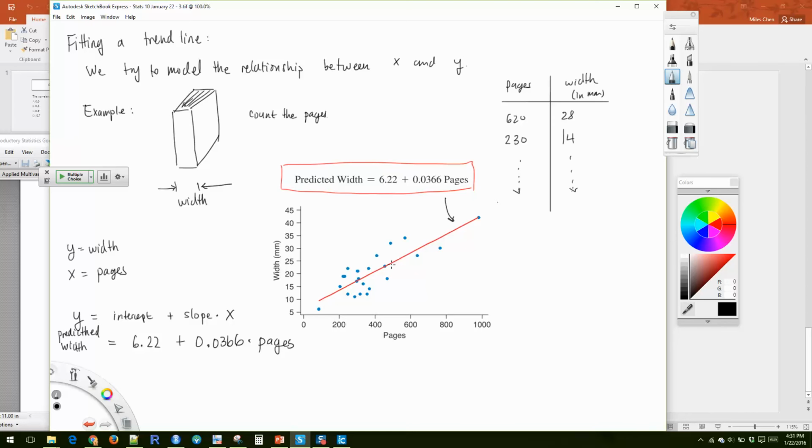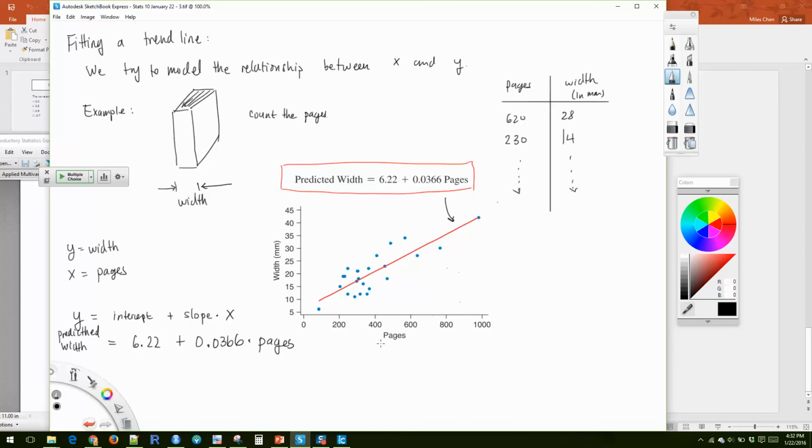All 10 of those books might not have the exact same width. However, if we looked at the width of all of those books that had 400 pages, we would expect the mean of those numbers to be very close to what this prediction line says.